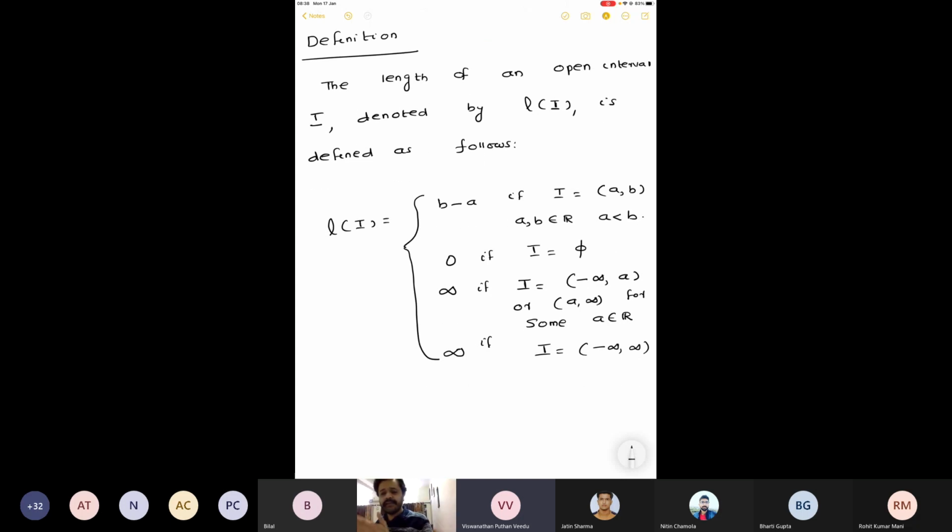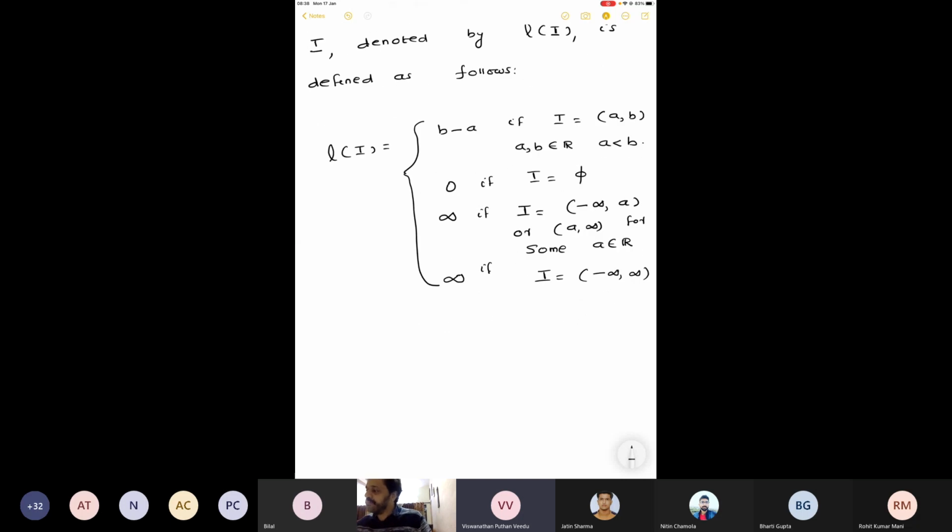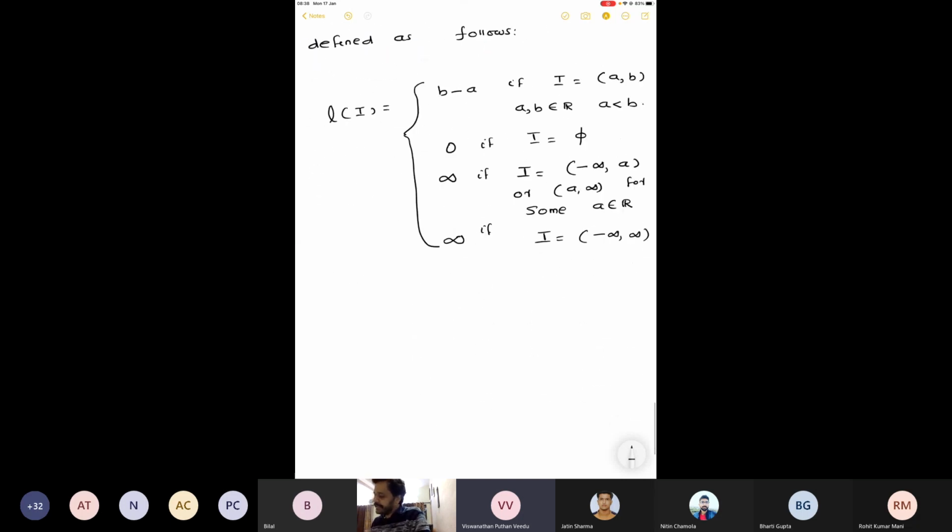Now, a similar definition will apply for closed intervals, semi-closed, semi-open intervals, and so on. Okay. Now, with this notation in hand, let us define Lebesgue outer measure.